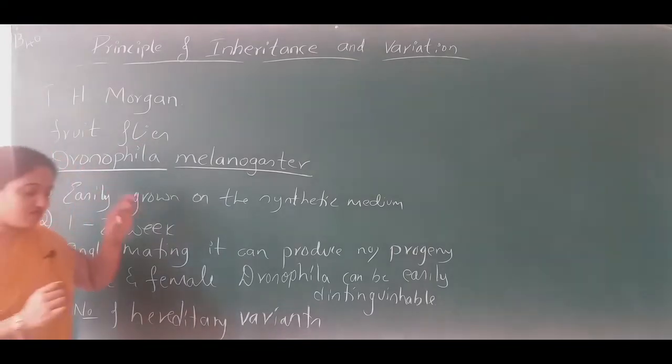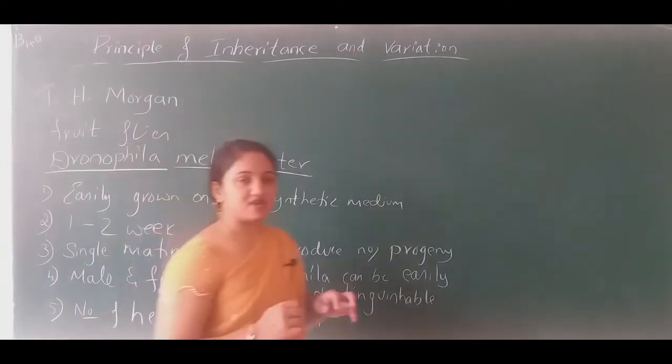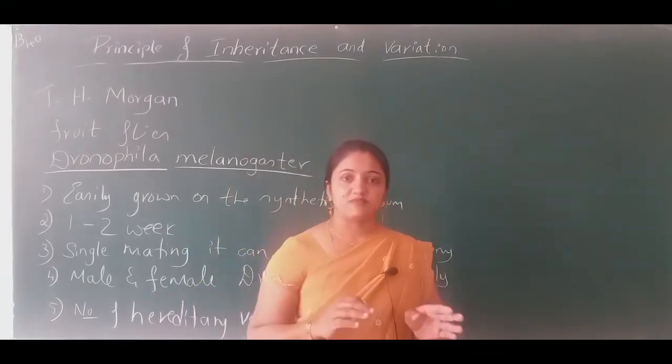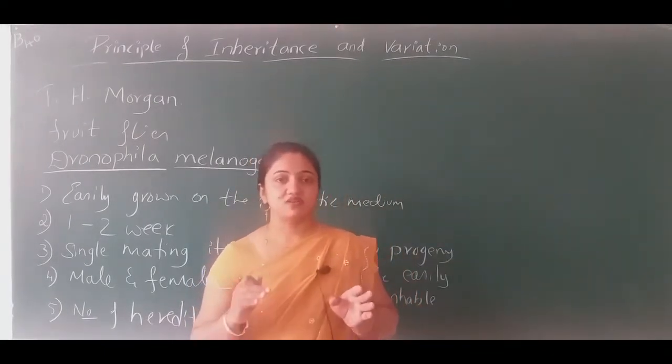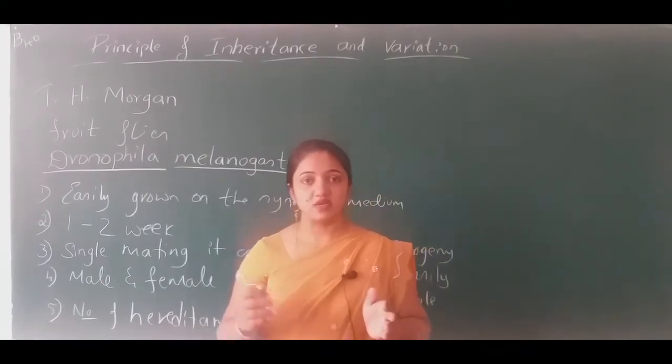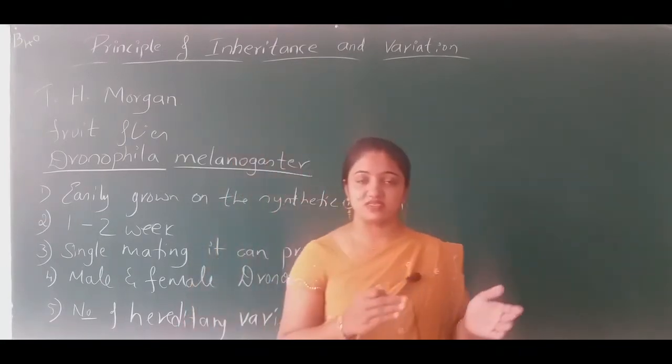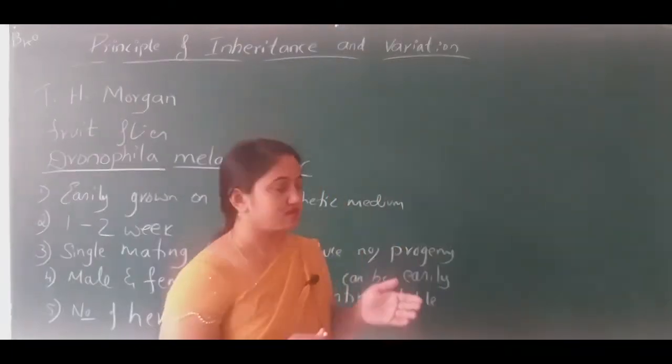In the introduction part, we studied the pea plant. In the pea plant, Mendel discovered a number of contrasting characters. He took 7 contrasting characters for his work.